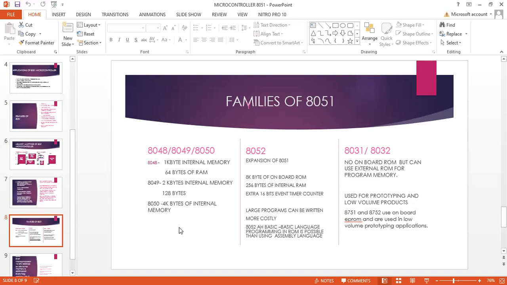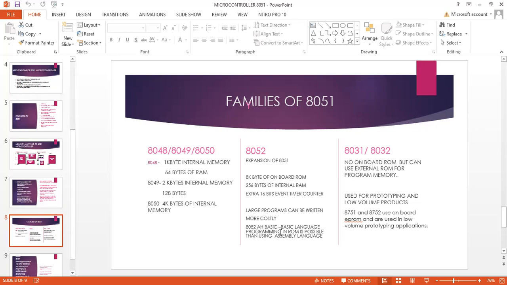Extra points if you want to write, you can write about the cost. Cost is more for 8052 than 8051. And 8052 AH basic, this particular microcontroller can be used to write a program in BASIC language. Then 8048, 49, 50, usually the memory capacity increases.